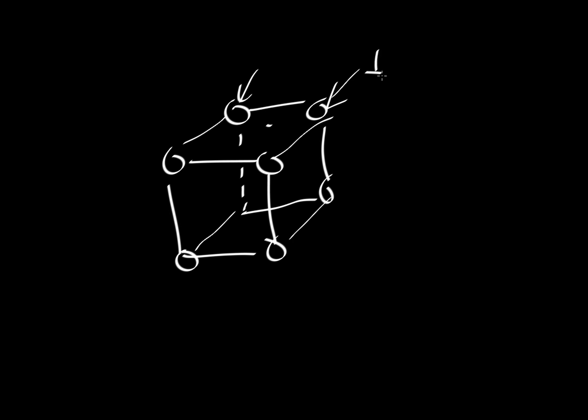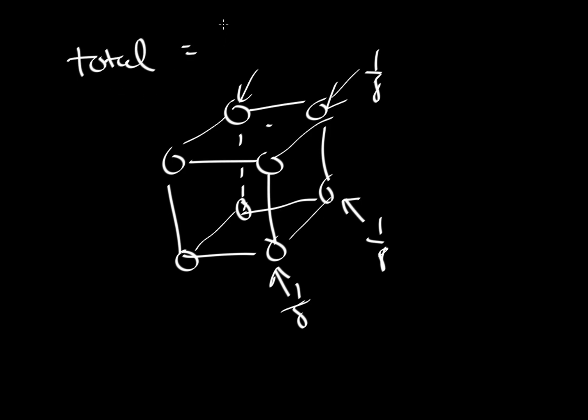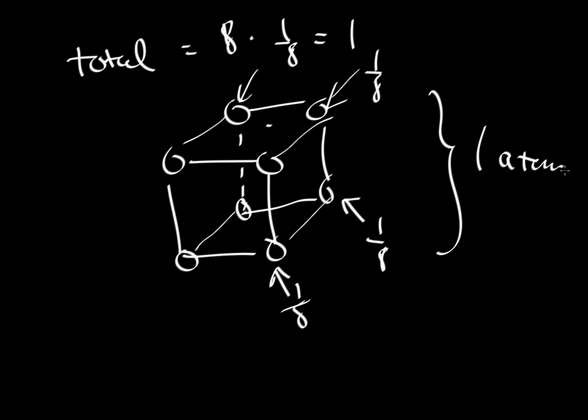So this counts as just 1/8 of an atom. And now you can see that if we have 8 atoms all together here, 4 on top, 4 on the bottom, then the total number of atoms is equal to 8 times 1/8 equals 1. So this entire unit cell just counts as 1 atom.